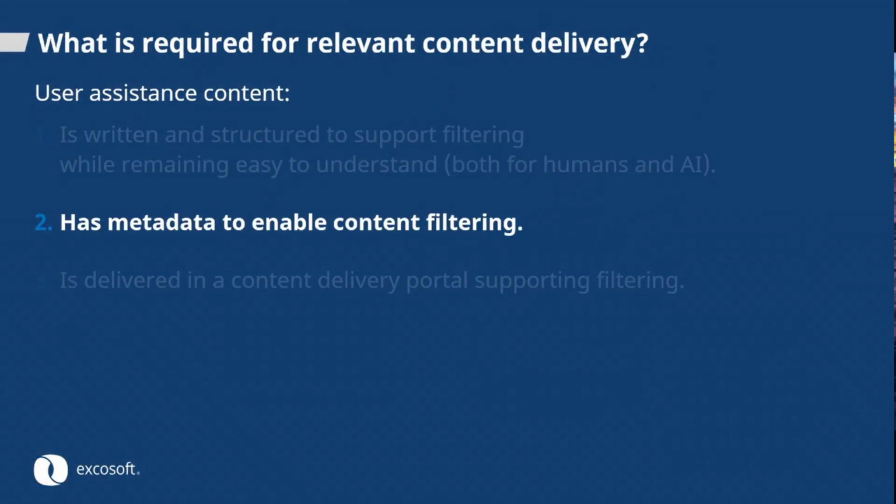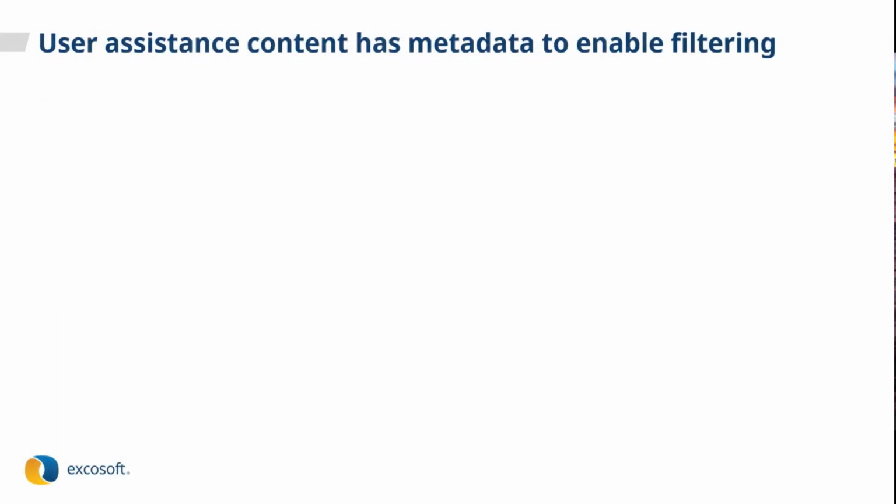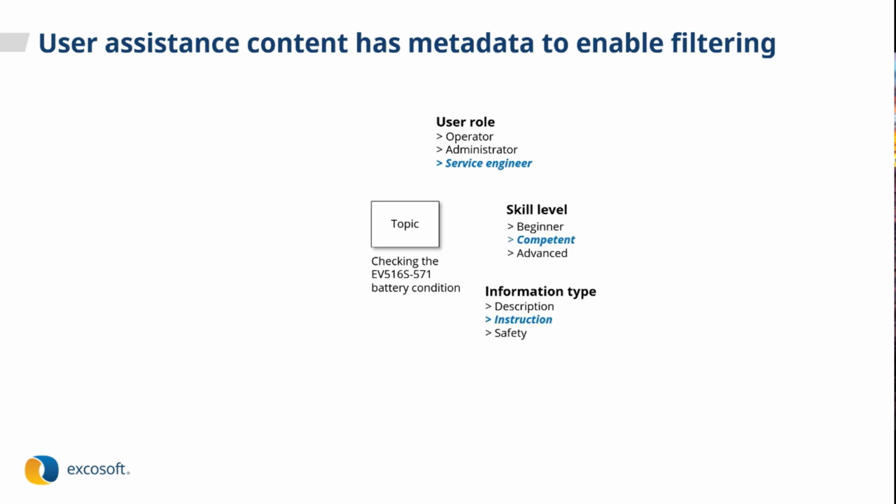Okay, yeah, metadata is needed also. Maybe I don't need to talk too much about that. It will be self-evident. But in this case, if this would be a standalone topic, I have examples of 7 basic taxonomies: user role, skill level, the information type.